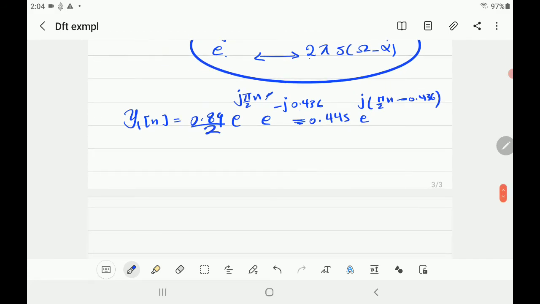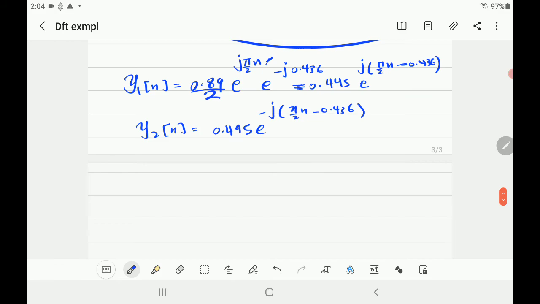Great. When you do y2 of n, to save your time, it'll be the same, just the sign is different: 0.445 e to the power minus j pi over 2 n minus 0.436. Then you add both. Oh, by the way, let's just leave this one without calculating, as it is, 0.89 over 2. I'll tell you why now.